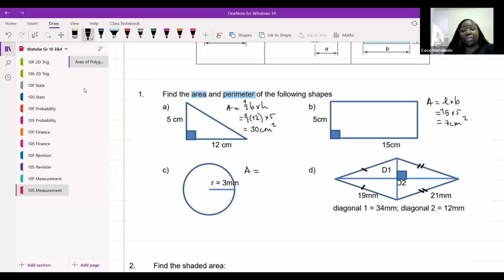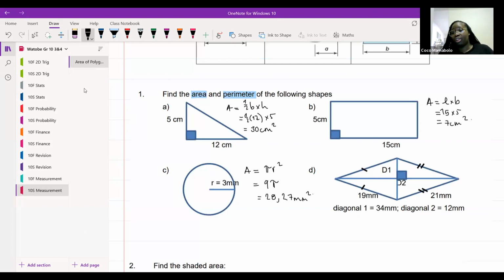The area of our circle is pi radius squared, which is the same as 9 pi. 9 pi, but if you also gave it to me with 2 decimal places, that's perfectly fine. You can also write the answer as 28.27 millimeters squared.